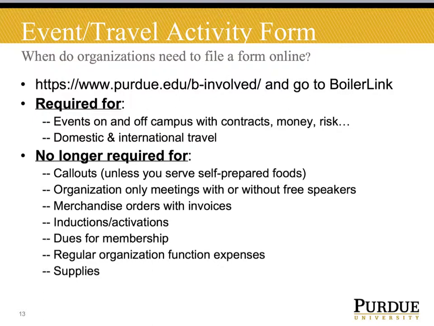Also, an EPF or TPF is required for domestic and international travel. However, it's no longer required for call-outs, organization-only meetings with or without free speakers, merchandise orders with invoices, inductions, dues for memberships, regular organization function expenses, or supplies.